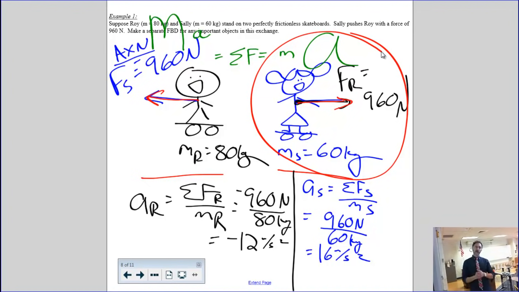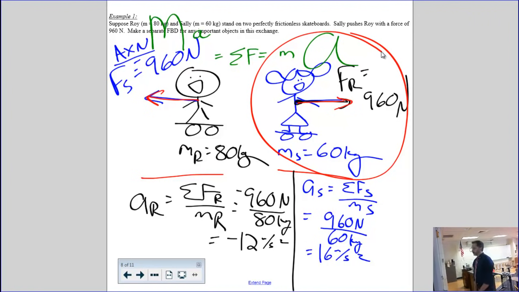Anytime two objects interact with each other, the amount of force they exert on each other is always equal, without exception. The classic physics problem is a truck driving down the street and hitting a bug. The force that the bug exerts on the truck is the same as the force the truck exerts on the bug. The only difference is that the bug is more affected by the collision because it has a smaller mass. But the forces are equal.